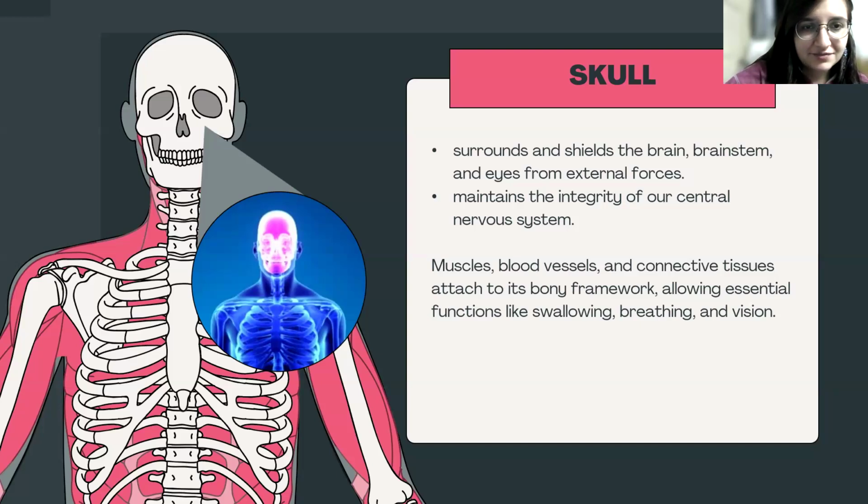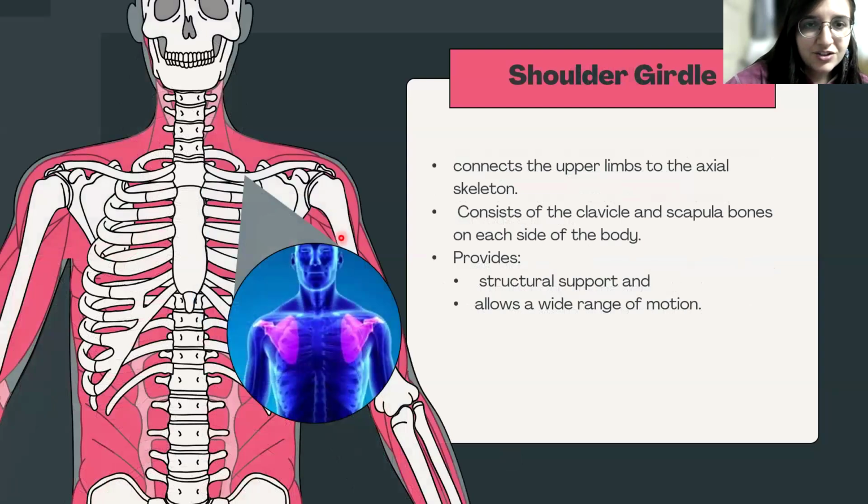Okay, next. The shoulder girdle. So this part here is the shoulder girdle, and it connects to the upper limbs. The skeleton is divided into the upper skeleton and the lower skeleton. This is a part of your upper skeleton, and it consists of the clavicle and the scapula bone here.